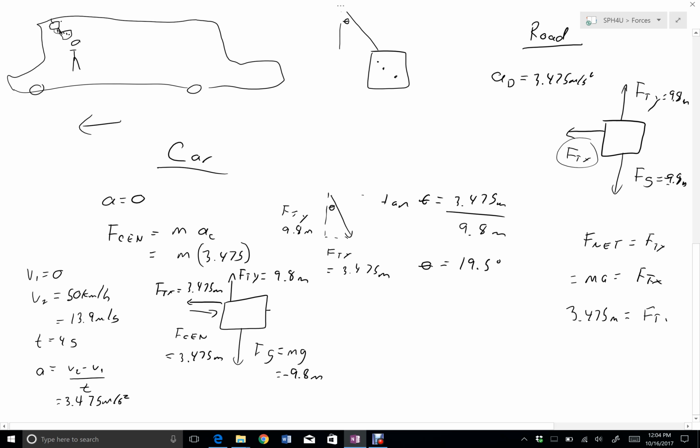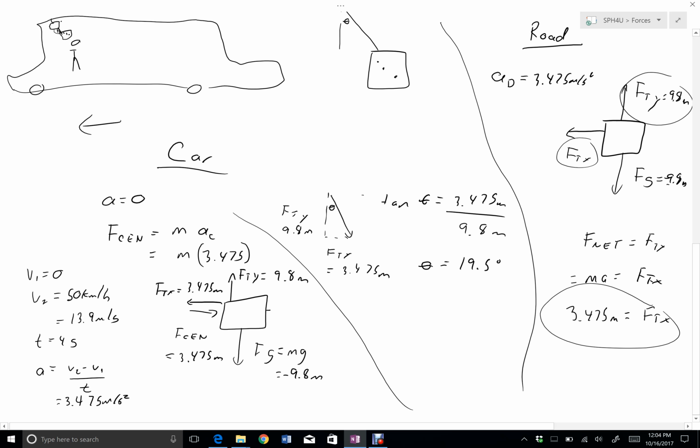So the force of tension in x, which is my net force in this way of thinking about the problem, is 3.475 m, and then I can take that and go back to the same triangle and come up to the same angle.